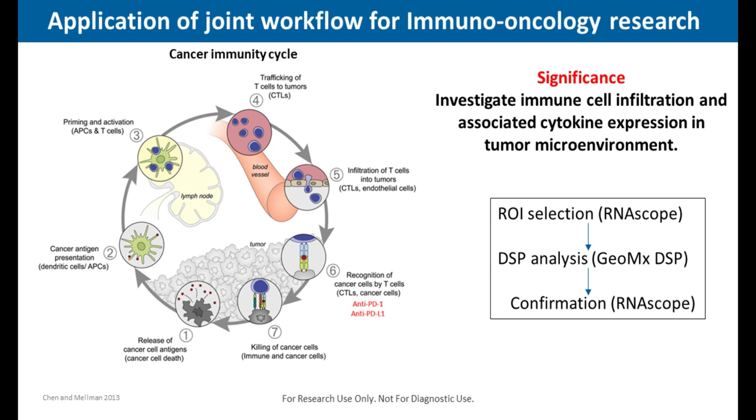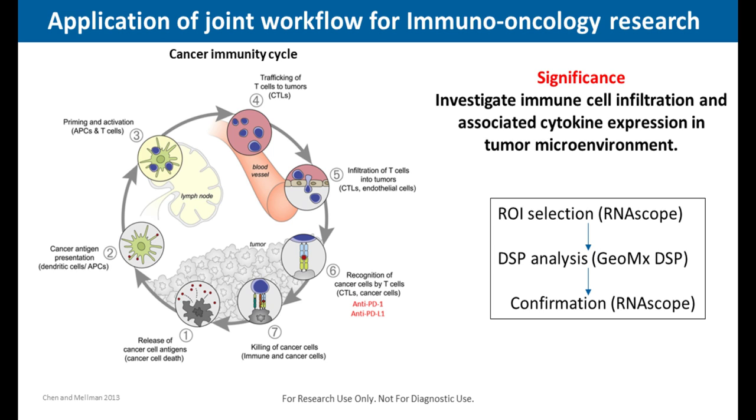We wanted to show that this particular workflow can be made applicable for an actual study within a lung cancer tumor sample. So we've decided to investigate the immune cell infiltration and the expression of associated cytokines in the tumor microenvironment. The first step is to identify regions of interest using specific RNAscope probes.